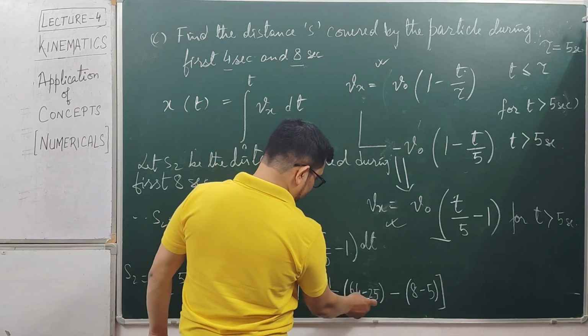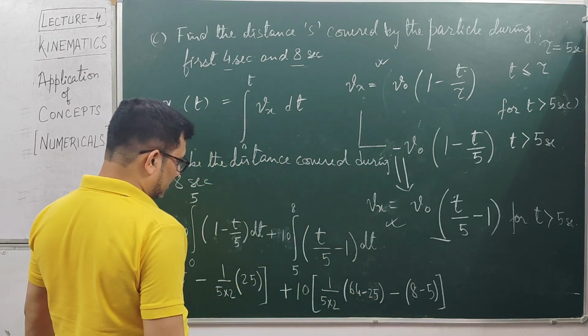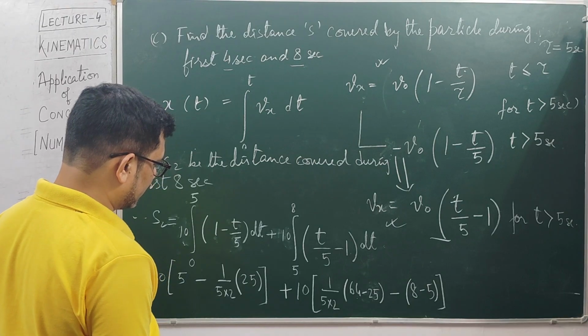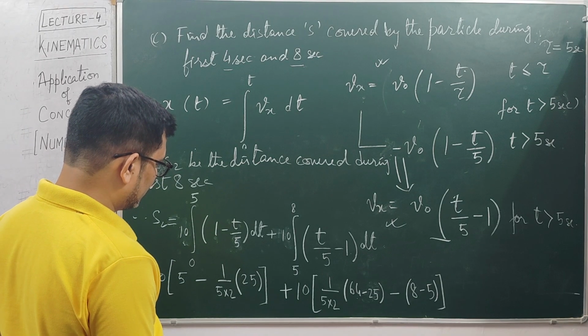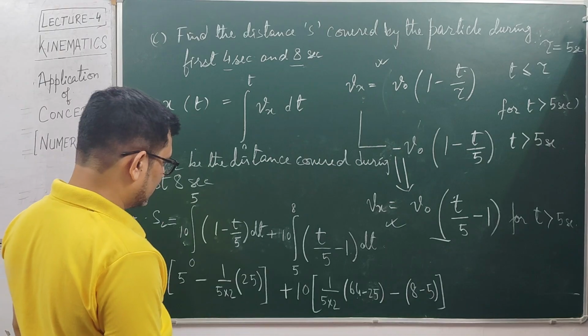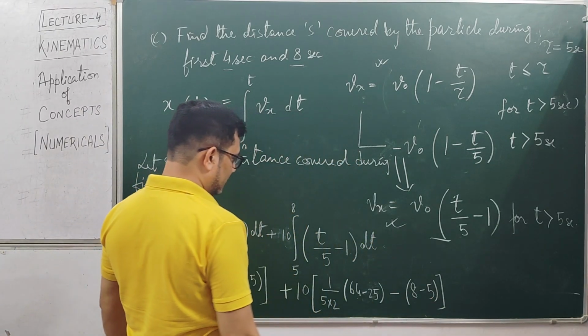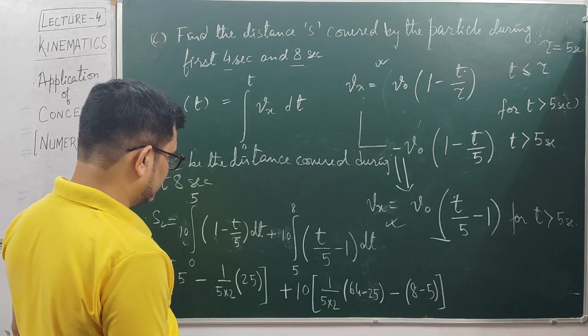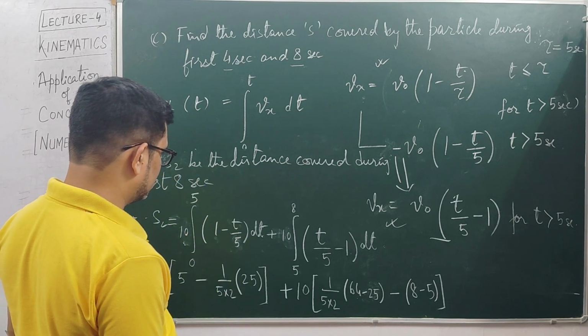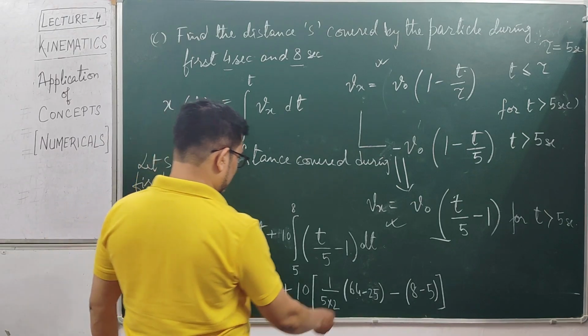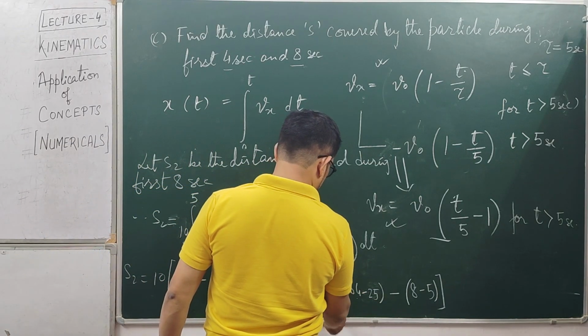So 64 minus 25, it comes out to be 39, and here it comes out to be 8 minus 5, which is 3. So 39 minus 3. So one more thing is there. Okay, yeah, 5 by 2. Here it is 10.